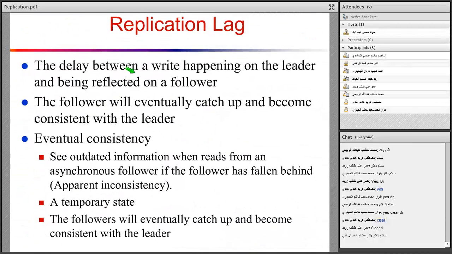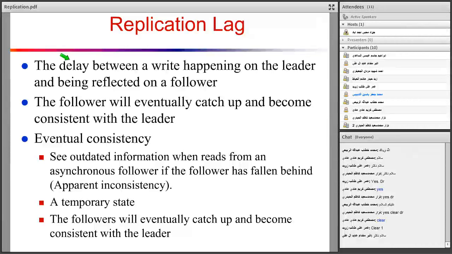This is another topic that I'm going to talk about: replication lag. Replication lag is the delay between a write happening on the leader and being reflected on the followers.